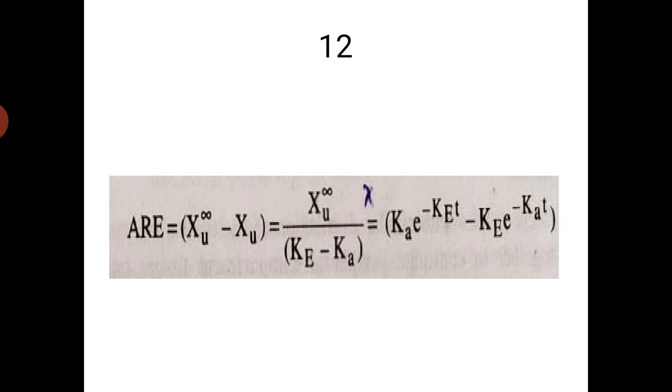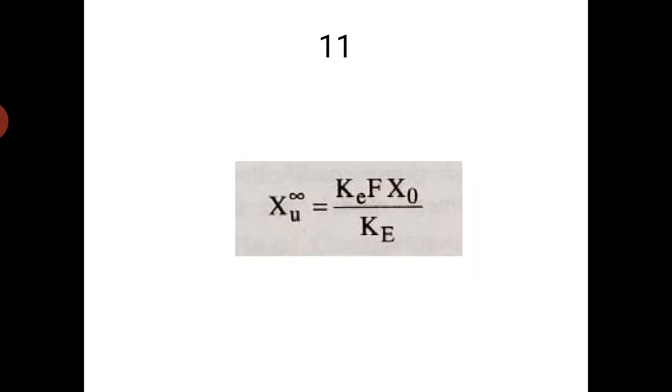Now by applying the method of residuals, you can split the curve and you can determine the values for the rate of absorption and the rate of elimination. So this is the concept of determining pharmacokinetic parameters by the sigma minus method.